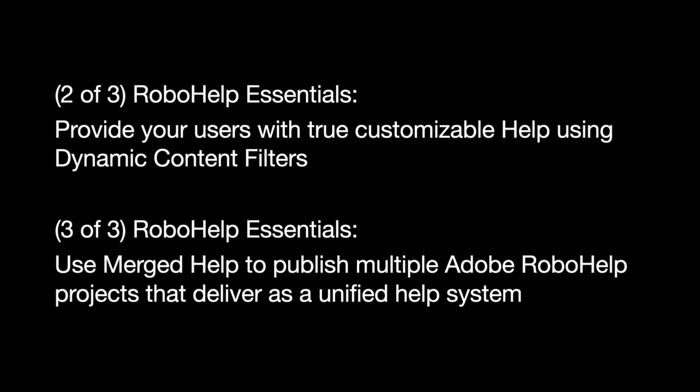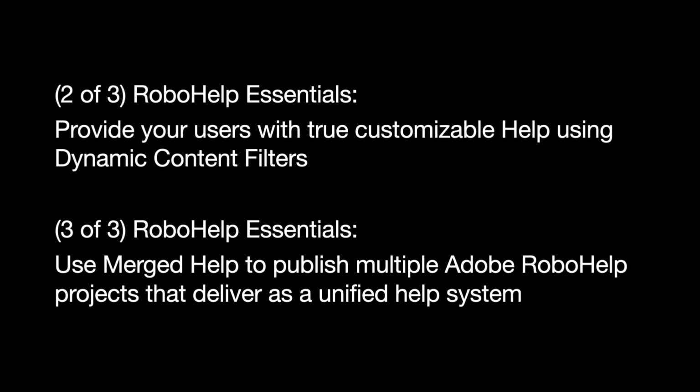And finally, if you've enjoyed this content, the session that we do after this is going to be on taking those outputs and combining them into one thing that your users can then access and filter on their own, so that they can see, compare and contrast perhaps, how the different systems work together or what the differences are between those. We're also going to wrap up with that session on RoboHelp merged output, which gives you the ability to take independent help systems, things that are not necessarily related, and string them together.